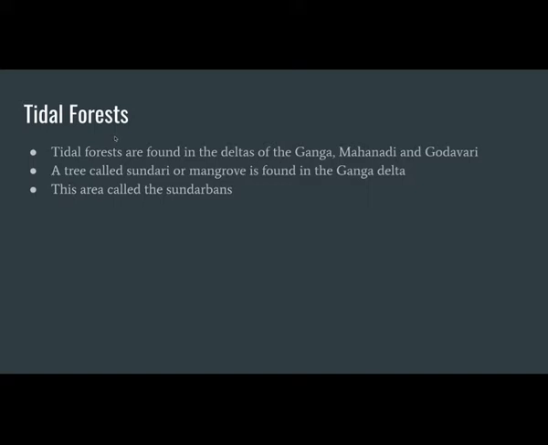So there are different types of forests we can see in India. Which are the different types of forests we can see in India? Evergreen forest, deciduous forest, thorny forest, coniferous forest, and tidal forest. These are the different types of vegetation we can see in India.